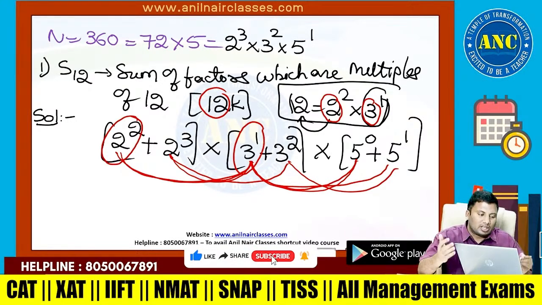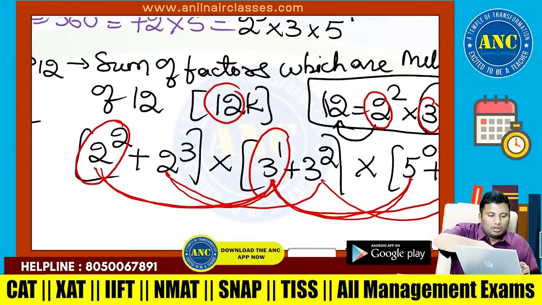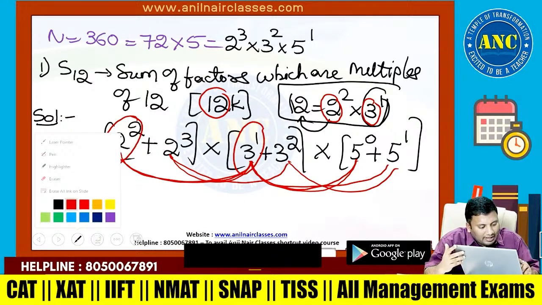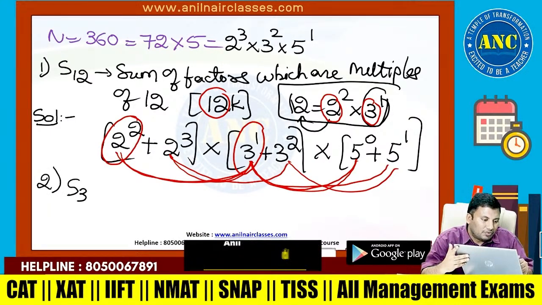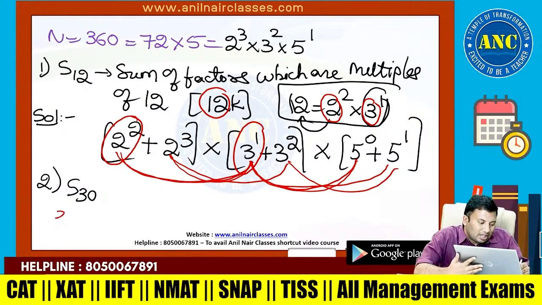One more example which we will solve. The more and more examples you solve, the more and more clarity you will get. Second question. Sum of the factors which is a multiple of 30. 30 is nothing but 2 into 3 into 5.